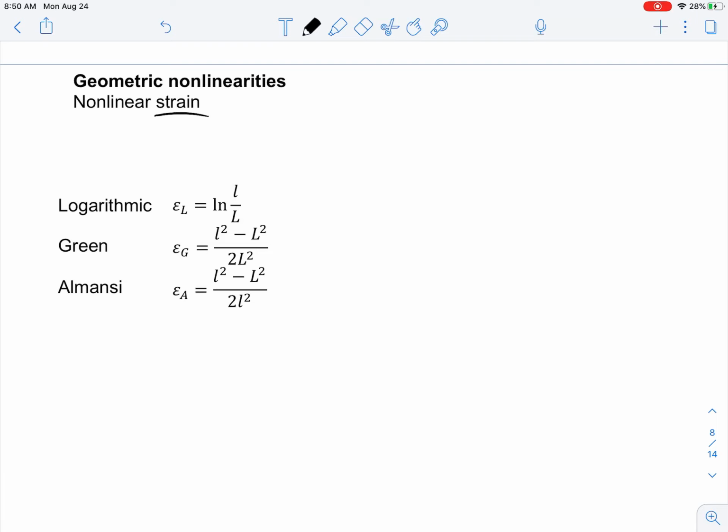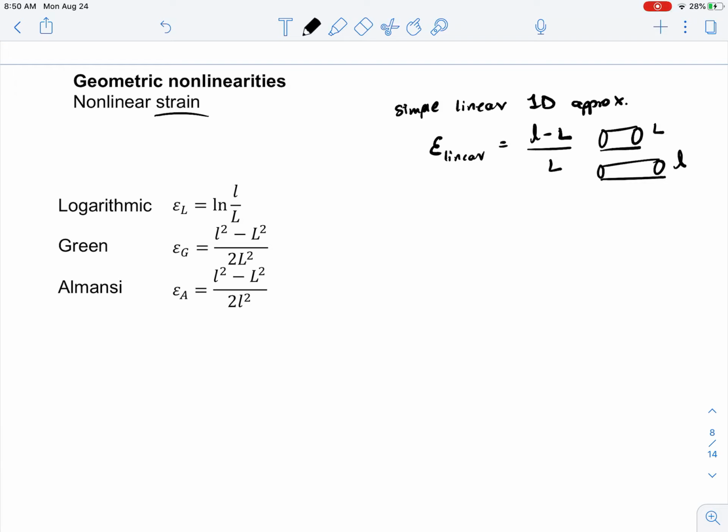So again, if you go back to the simple linear 1D approximation, we had that the strain linear was just the delta L, so basically l minus L over L, right? That was if you have like some bar and you stretch it, right?